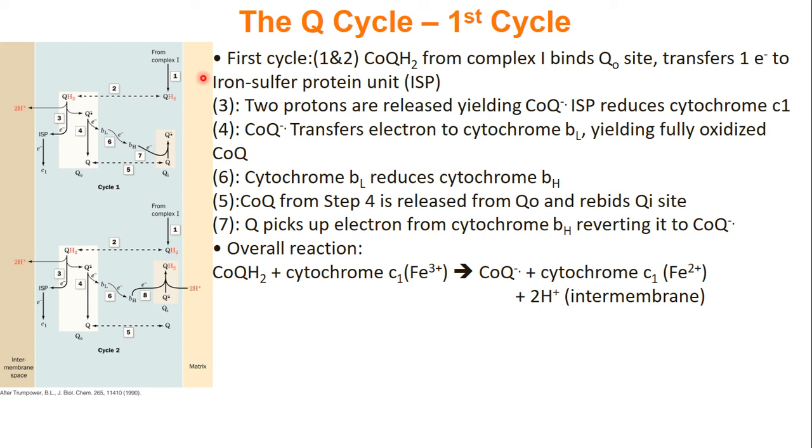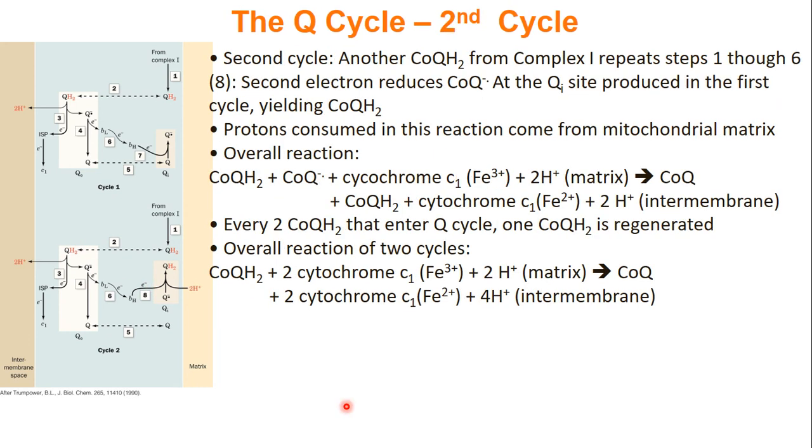So you can see in this Q cycle, it's a clever way that 1 electron is being passed to cytochrome C, and it's also a clever way that we're taking hydrogens from the matrix and we are pumping them into the intermembrane space basically for free, because we're just moving an electron around, or 2 electrons around, to things that want to become more and more reduced, and so we're using that energy to move hydrogens. And those are all the text for the second cycle right there in that slide as well.